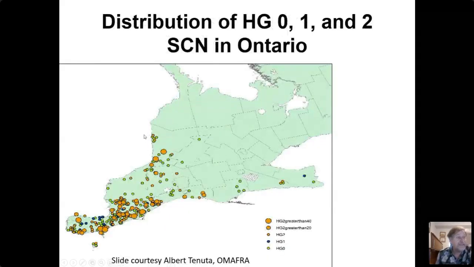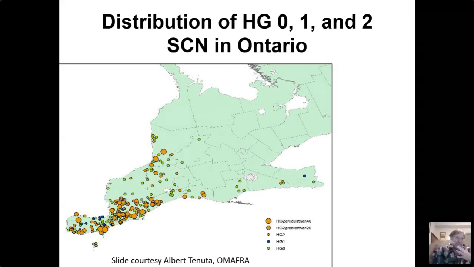And here's something I find interesting. My brother passed this to me. The big orange areas are that overcoming of that resistance gene that we just talked about. But the green are populations that have no resistance. So the resistance genes that we can put into genetics will work against those populations.